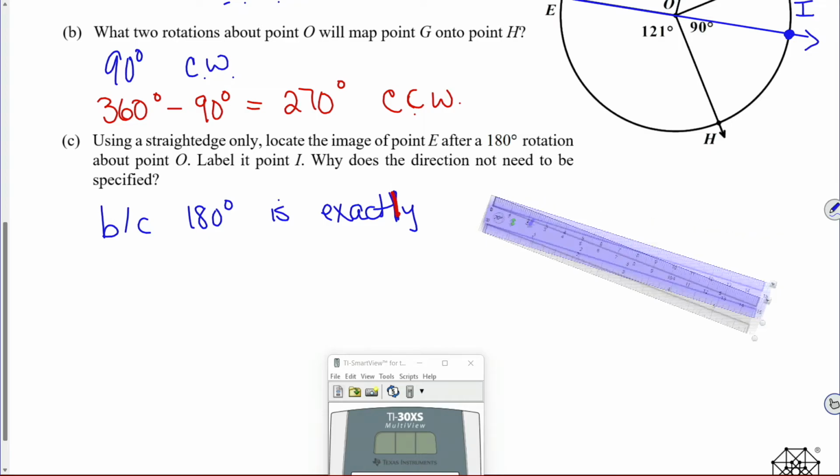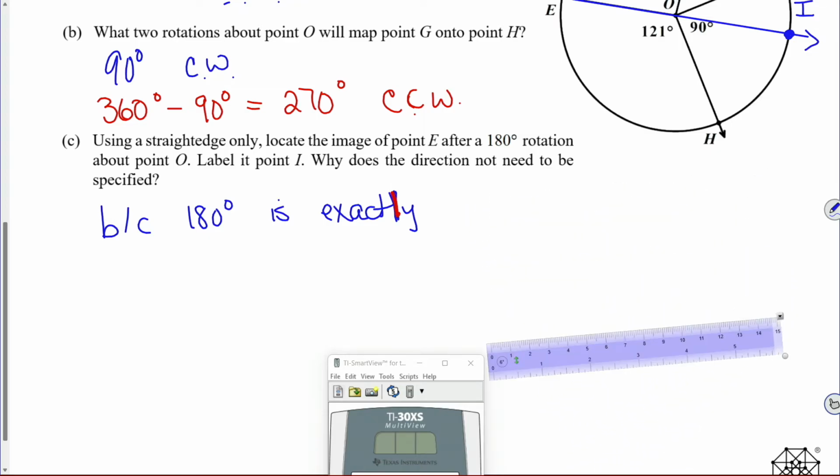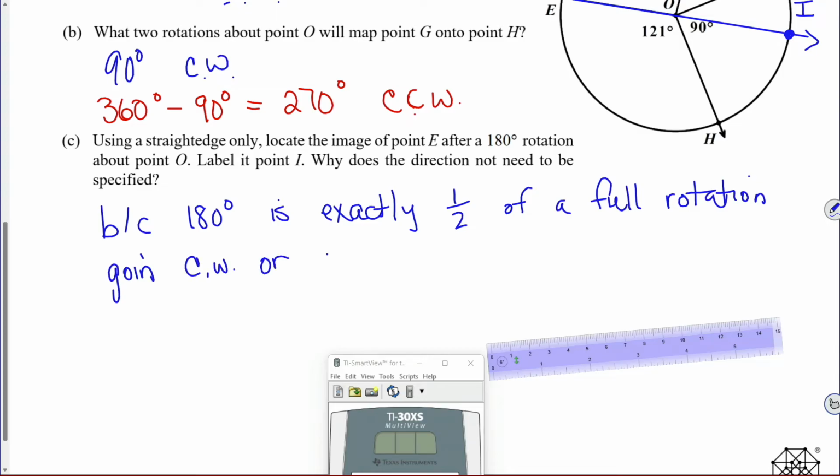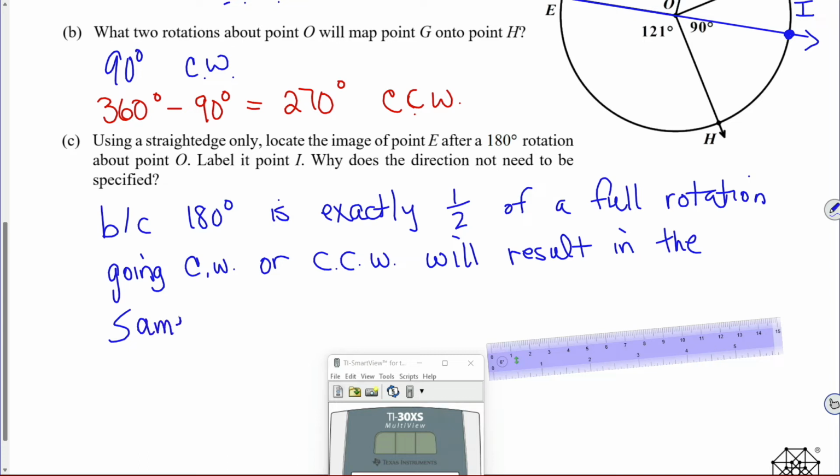Okay? Because 180 degrees is exactly one half of a full rotation, going clockwise or counterclockwise will result in the same image point.